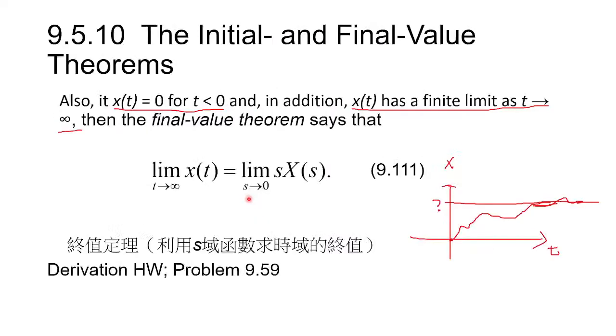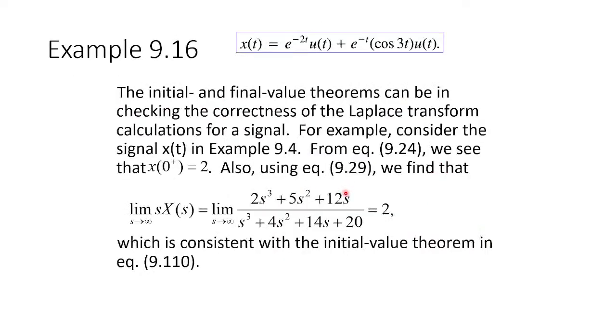And let's also check by letting s go to 0 with this thing. Basically, you don't have a pole at s equal to 0 here. So when you take s goes to 0, the denominator becomes 20 and the numerator becomes 0. So you have 0 divided by 20, that's 0. So the final value theorem also works out here.